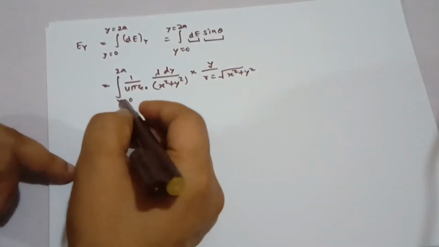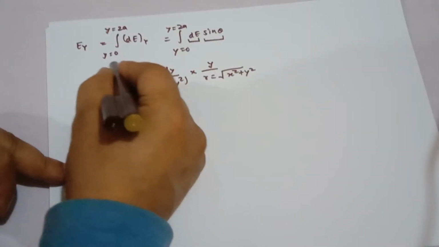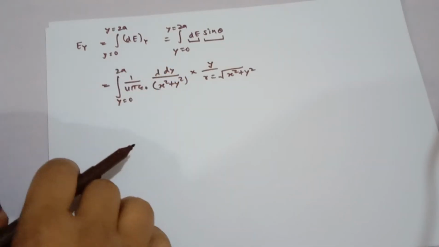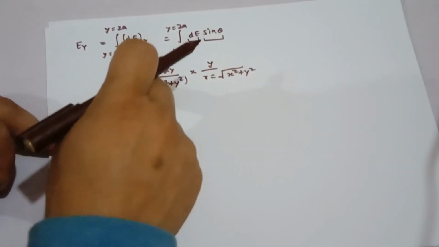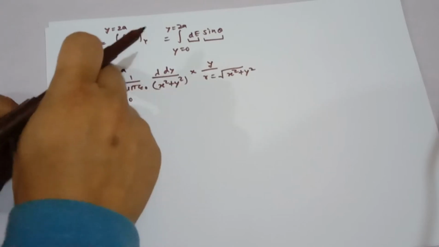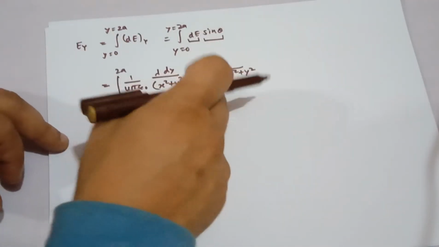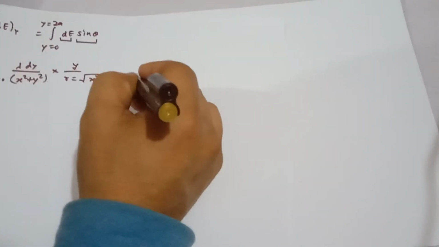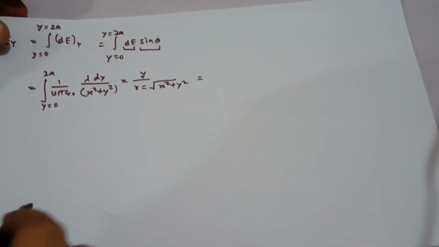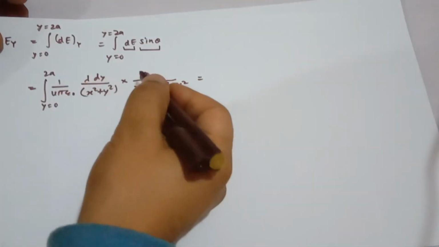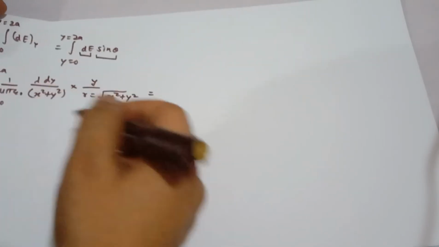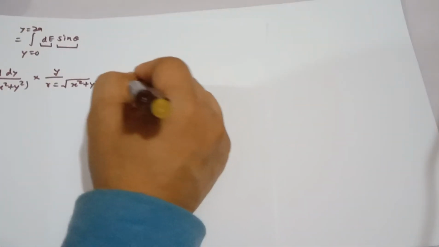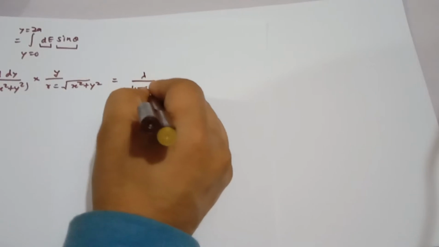So you just need to remember that this is the limit for y. Before putting the value of y is equal to 0 and 2a, you need to change it in terms of y while doing it. So let us try to solve this equation. Anything apart from y is a constant, so you can take it out. Lambda can be taken out, 4 pi epsilon naught can also be taken out.